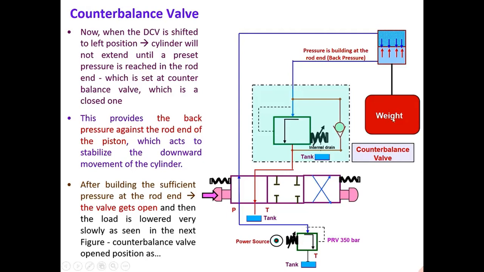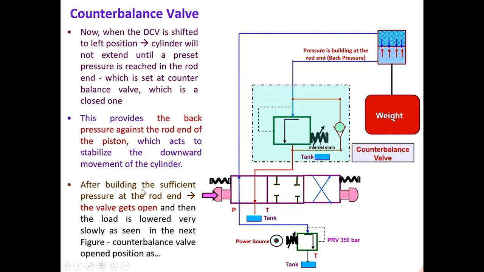Counterbalance valve open position. After building sufficient pressure at the rod end, the valve gets open. See, this provides the back pressure against the rod end of the piston, which acts to stabilize the downward movement of the cylinder.